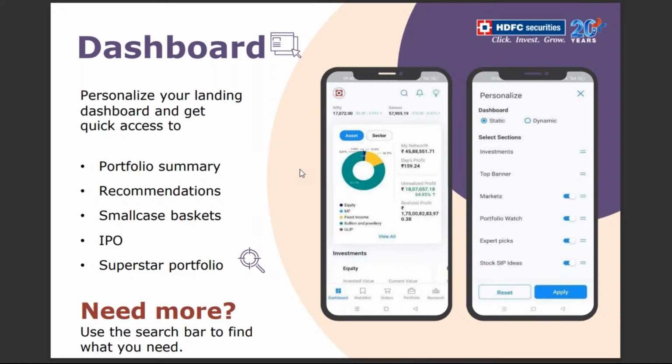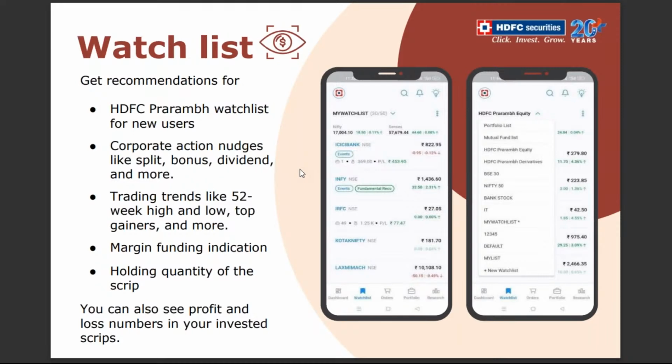Next is the watch list. Under the watch list, the Prarambh watch list is the first thing. Prarambh is a kind of watch list where new customers can add stocks. For people who opened accounts recently, we will give a predefined watch list.